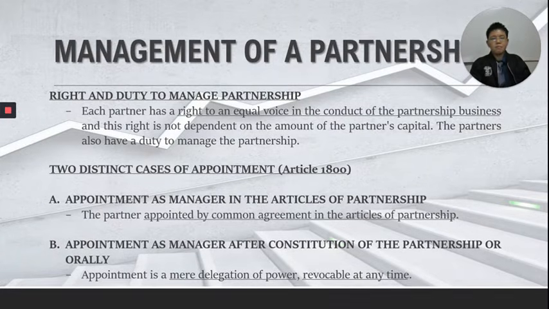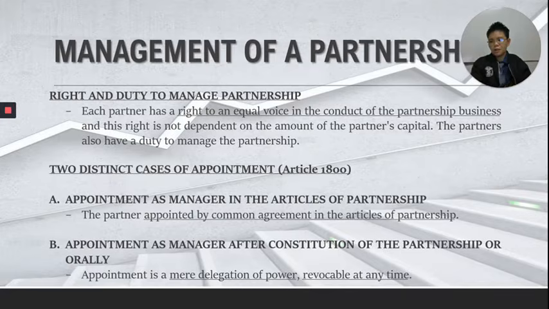So, hindi pwedeng basta-basta na lang nilang bawiin yung power na binigay nila sa'yo as managing partner, especially since it is a stipulation in the contract of partnership. So, dahil ito ay stipulation in the contract of partnership, to remove a managing partner who is appointed in this manner, remember that there must be a just and lawful cause and there must be the vote of the controlling financial interest.